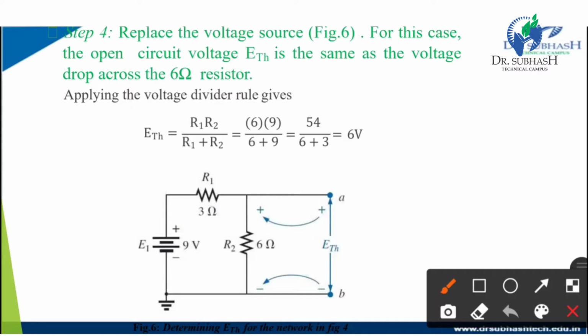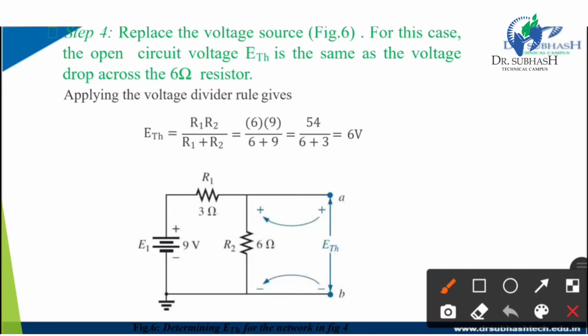For this case, the open circuit voltage ETH is the same as the voltage drop across 6 ohm, because whatever the voltage at 6 is the same voltage at ETH, because A and B is open circuit. So by using the voltage divider rule, we can directly find the ETH.